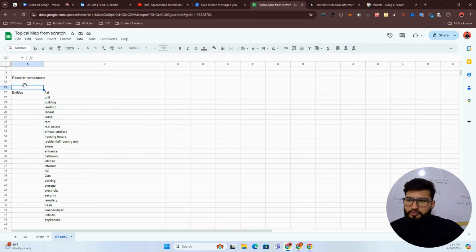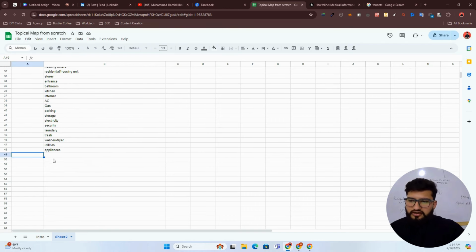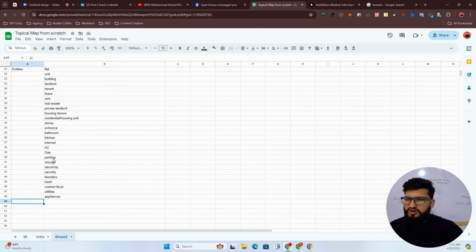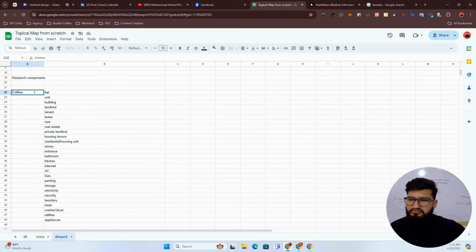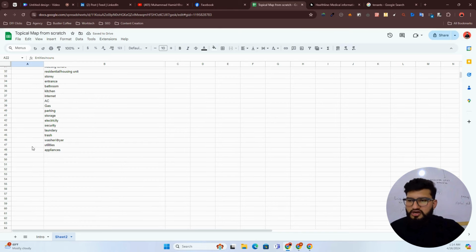So in research components, we have to research the entities. I mean, you can also say nouns. If you search nouns separately, that would also be great. But nouns also need to be there. Some verbs and some predicates, some attributes.